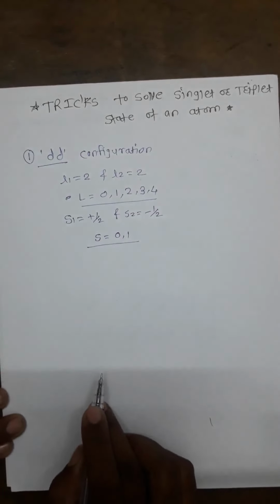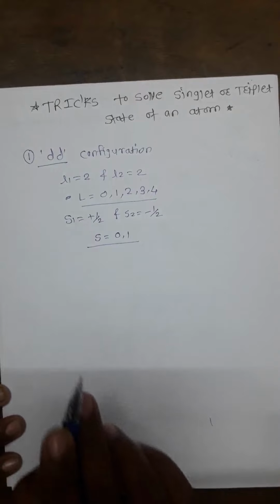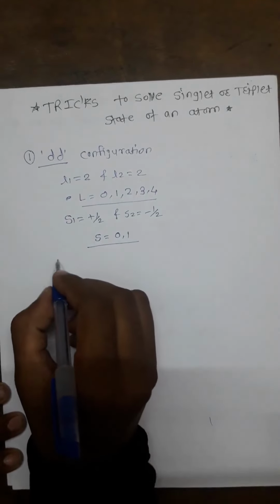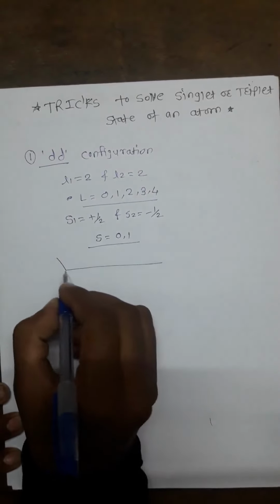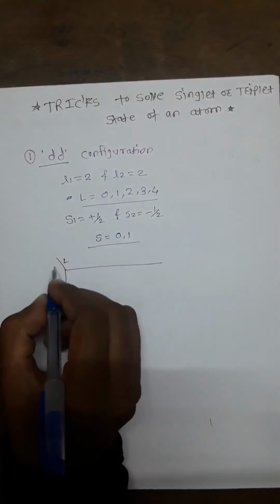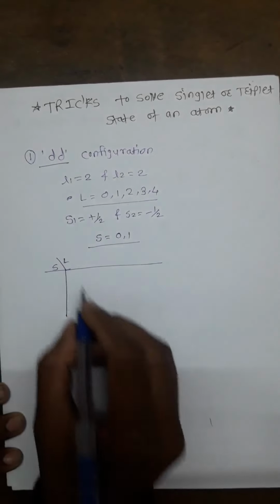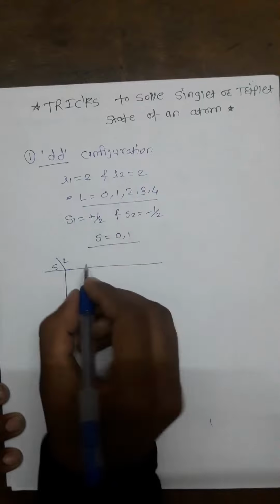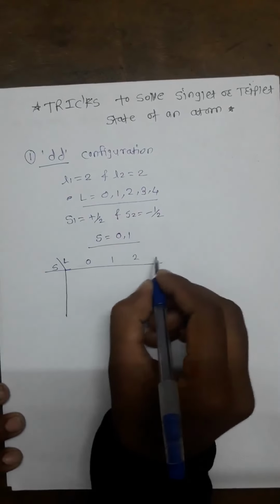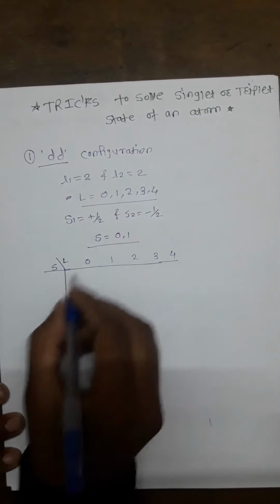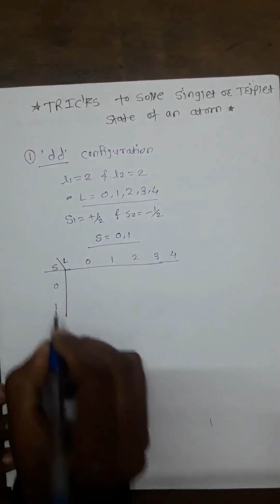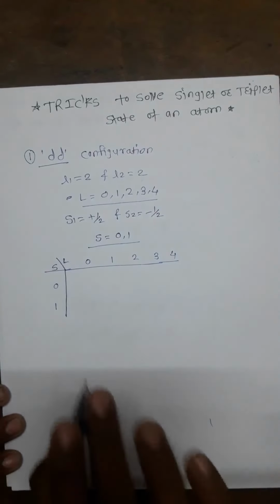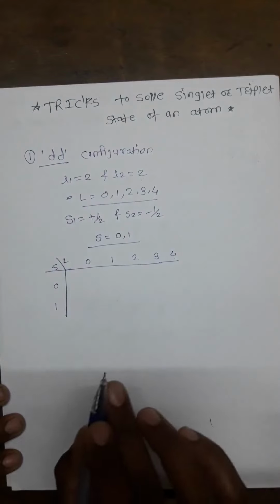Now you have to find the singlet or triplet state. The value of L is 0, 1, 2, 3 and 4, and the value of S is 0 and 1.